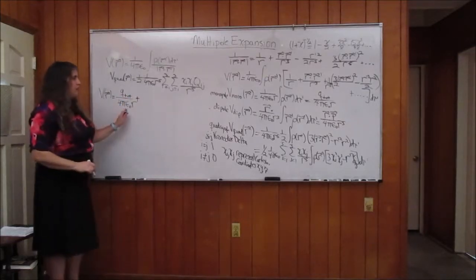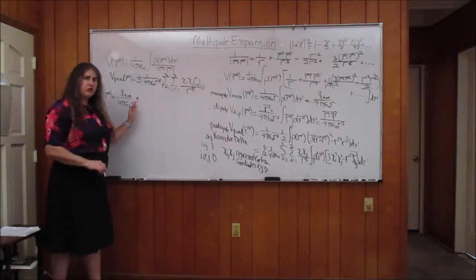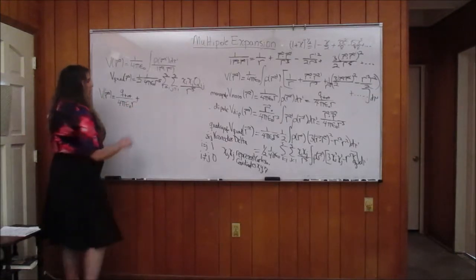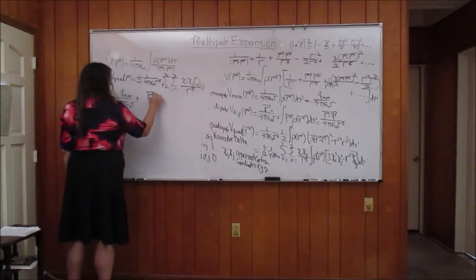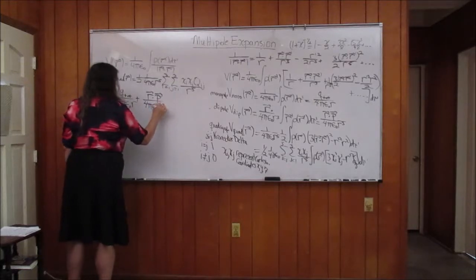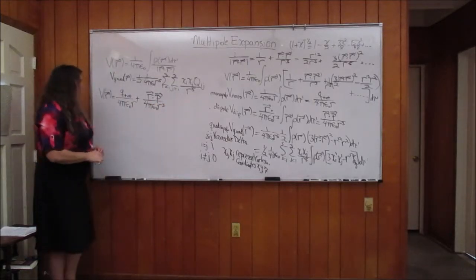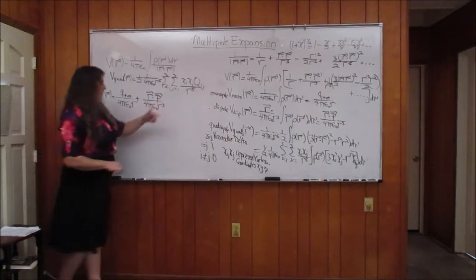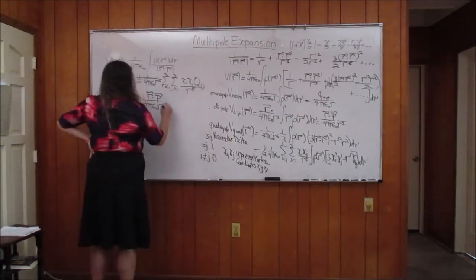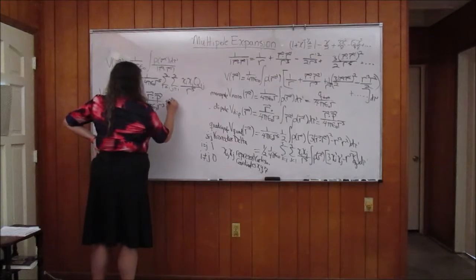First term is the monopole term, it's just Q total, the total amount of charge in the system, over 4 pi epsilon naught r. Second term is the dipole term. And that's the dot product of r and the dipole moment over 4 pi epsilon naught r cubed. And then finally we've got the quadrupole contribution.